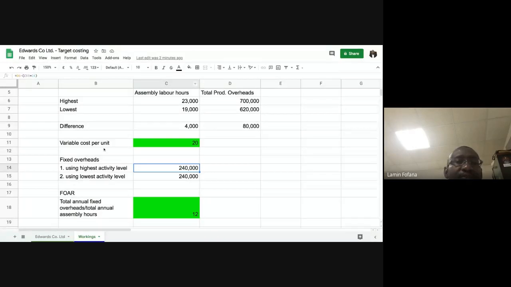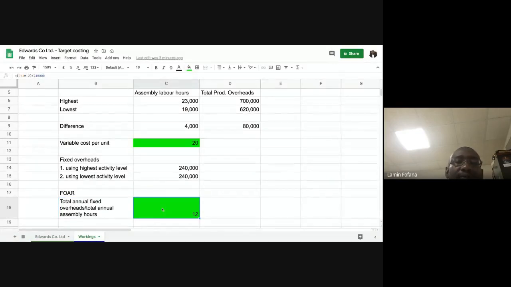So now we've calculated our rates: our variable cost per unit, which is our variable overhead absorption rate, and our fixed overhead absorption rate, FOAR.